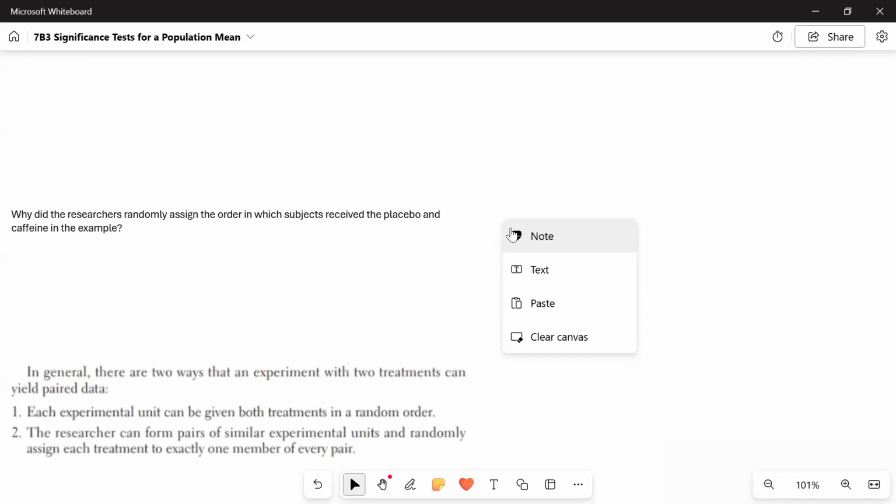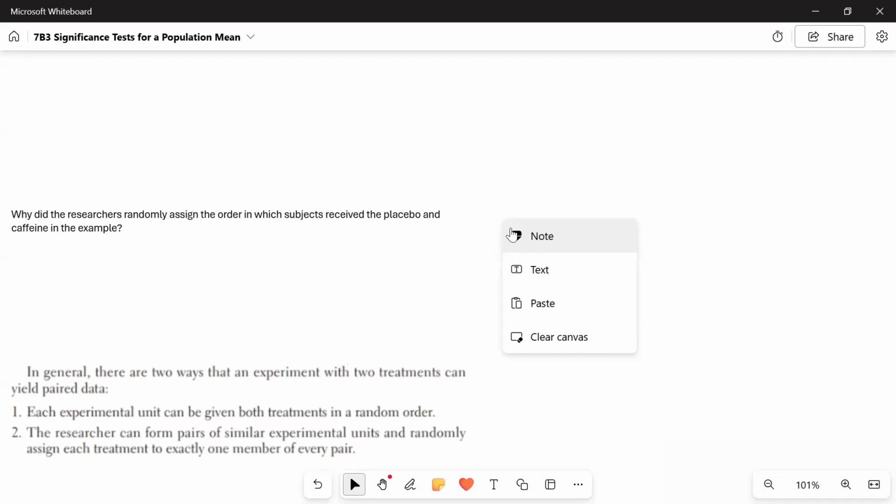But one obvious concern is the order of treatments. Suppose the caffeine capsules were given to all the subjects in the first 2-day period. What if the weather was nicer in this 2-day period than in the second 2-day period or something like that? And they wouldn't be able to tell if the large increase in mean depression scores was due to the weather or the treatment.